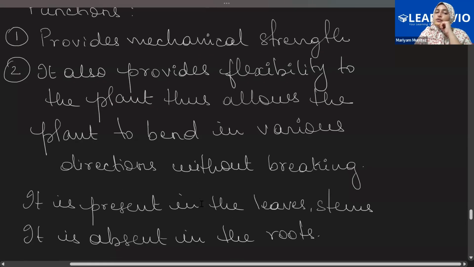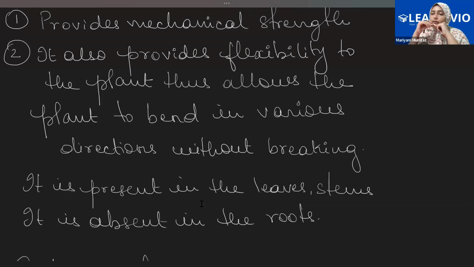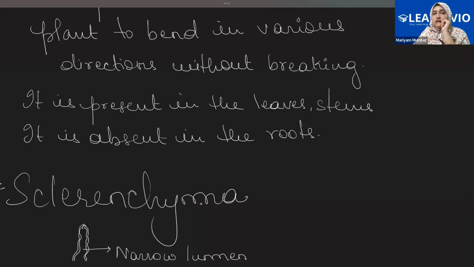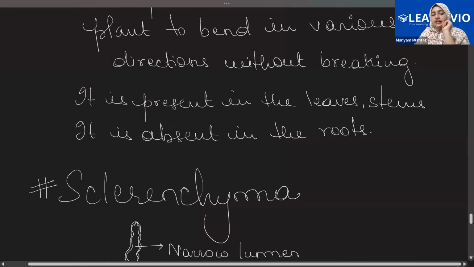Apart from that, it also provides flexibility to the plant, and it allows the plant to bend in various directions without breaking. Because of that, the plant can bend in any direction without breakage. It is present in the leaves and the stem, but always remember that collenchyma is absent in the roots.